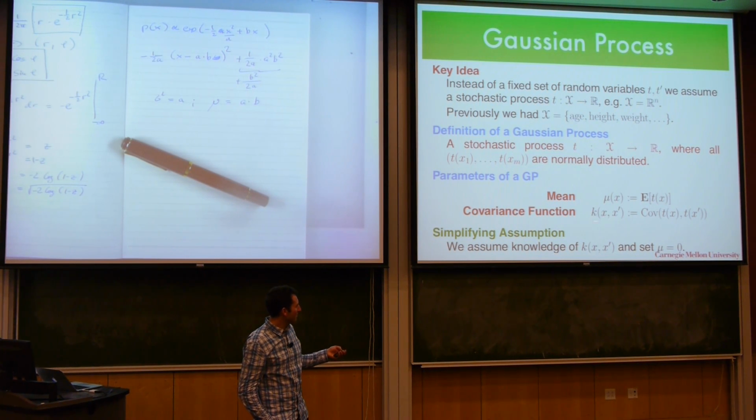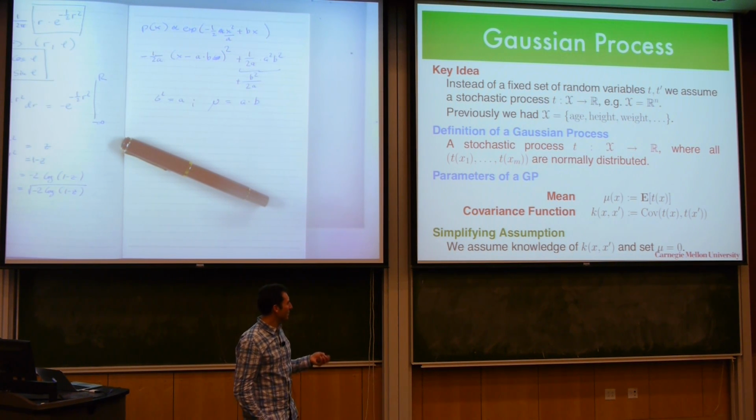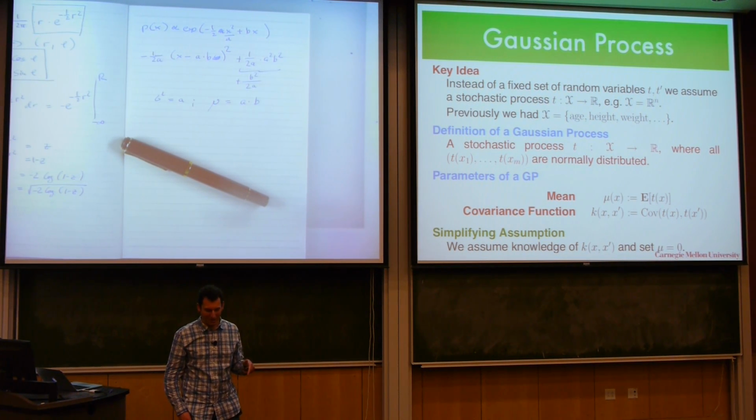So this might already give you some hint that these are actually going to be our kernels again. I'm not just overloading notation. This is the same covariance function, the same kernel that we used before when we did support vector machines. And I'll show you next, on this Wednesday, how they are closely related. There's actually a one-to-one mapping.